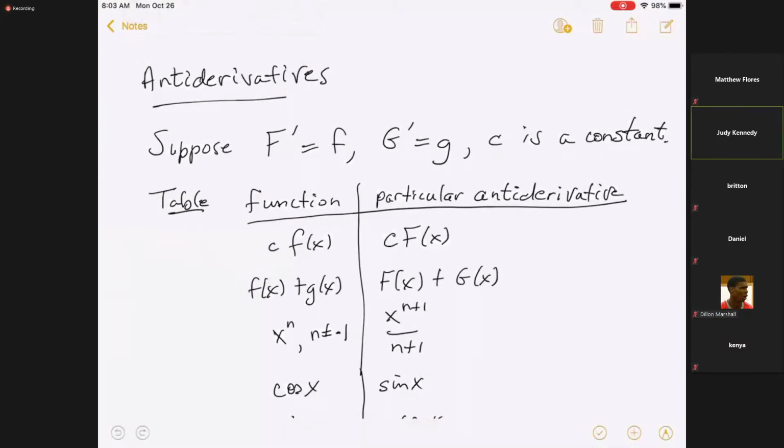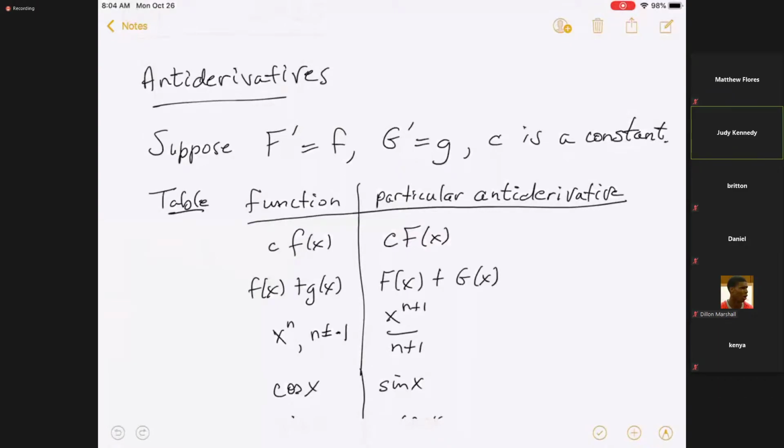If you have a constant times the function little f, its antiderivative is going to be that constant times big F. Okay. Big F is the antiderivative of little f, or an antiderivative. If you have the sum of two functions, little f and g, so f of x plus g of x, a particular antiderivative of that sum is big F of x plus big G of x.